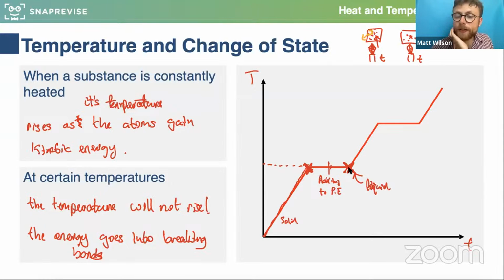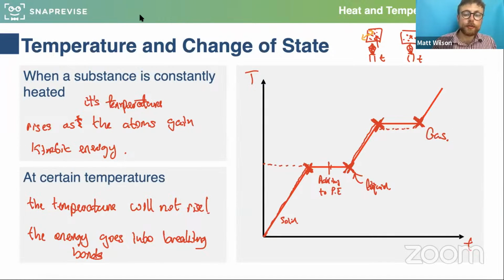And now we have a liquid, the energy goes into raising the temperature again until we reach a new point. So at this new point here, something happens. We seem to break some bonds. What kind of state of matter will we be in by this last X here? Yeah, perfect. By this point, we're going to be a gas.